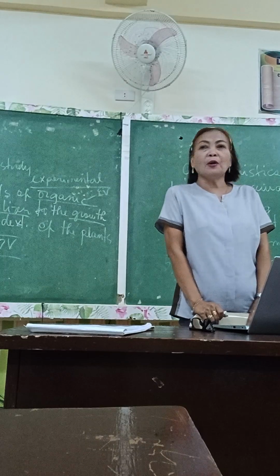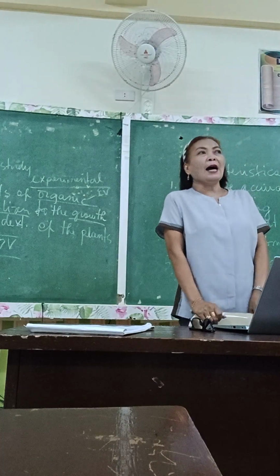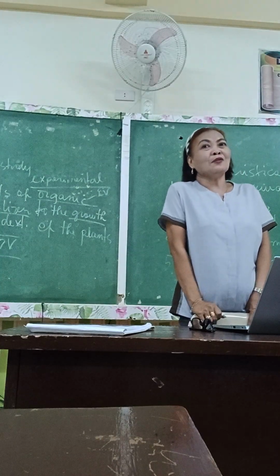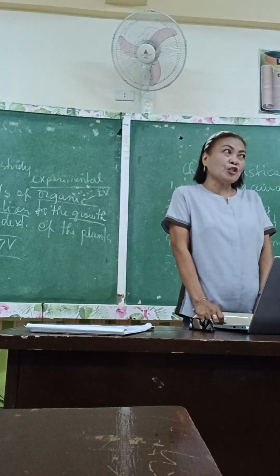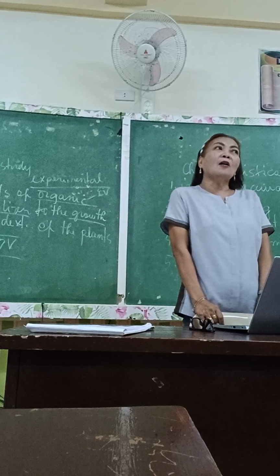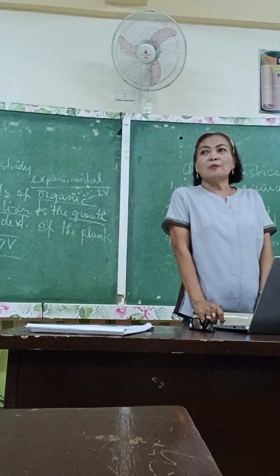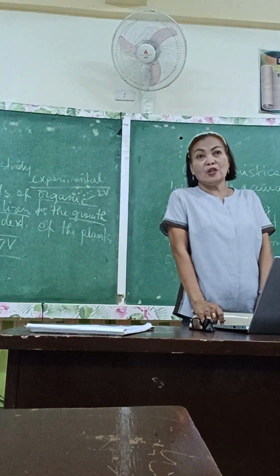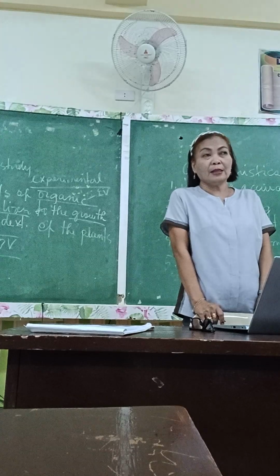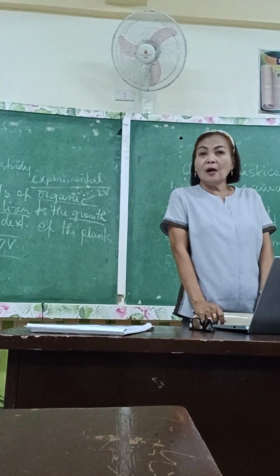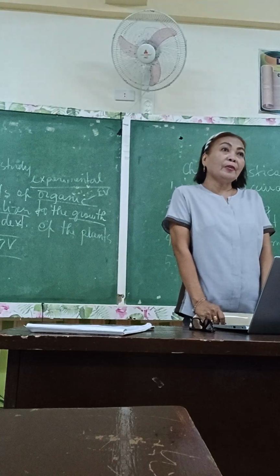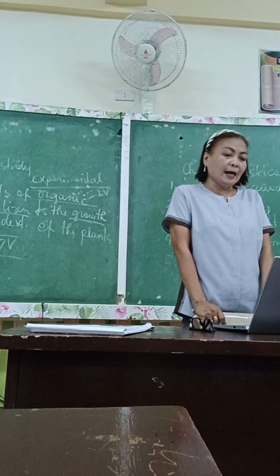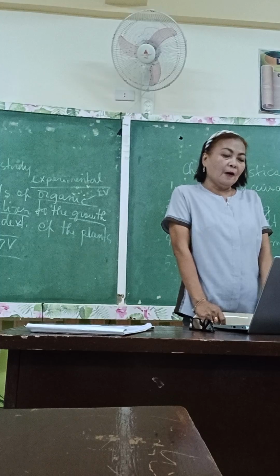When we talk about relationship, again, this is a quantitative research, because you are looking for the relationship. And the type of quantitative research is correlational. Kapag correlational ang quantitative research, we are looking for the relationship between the variables. Okay?